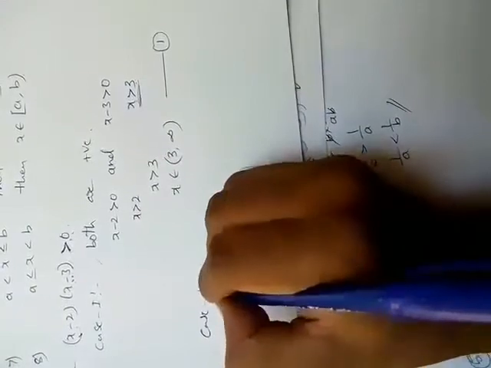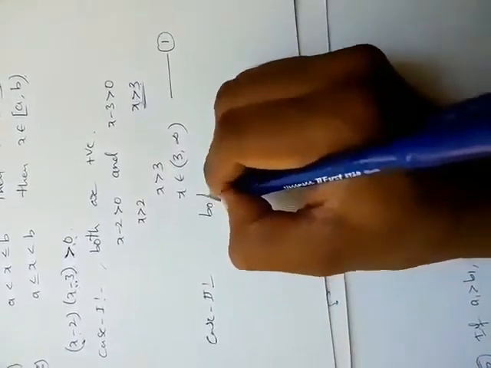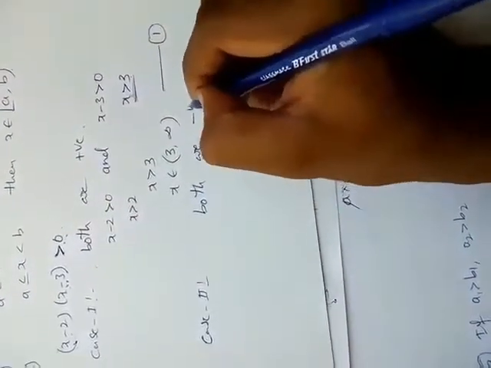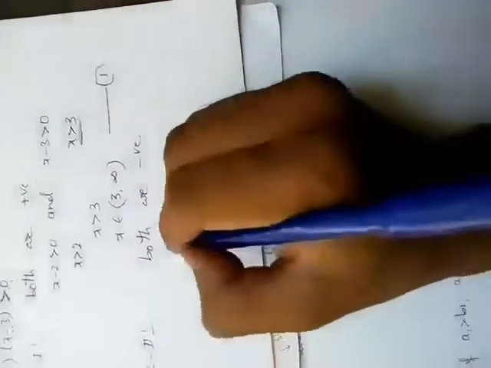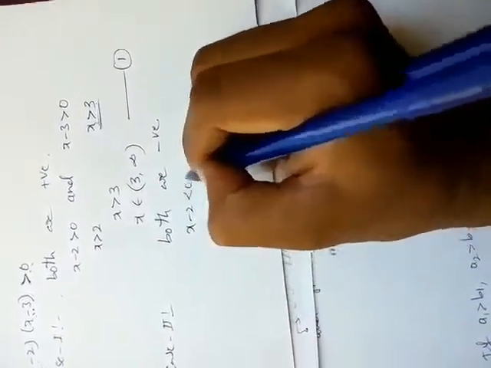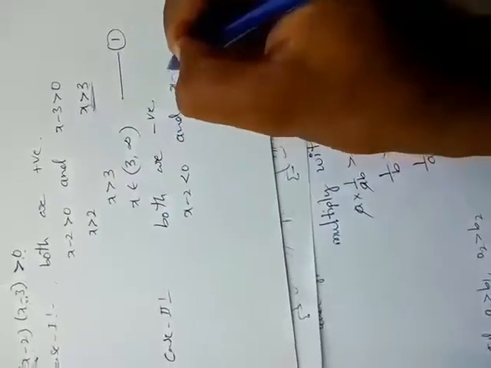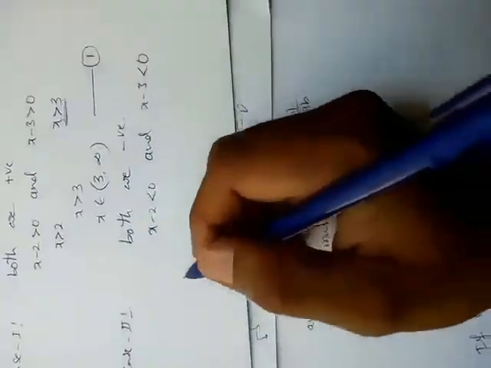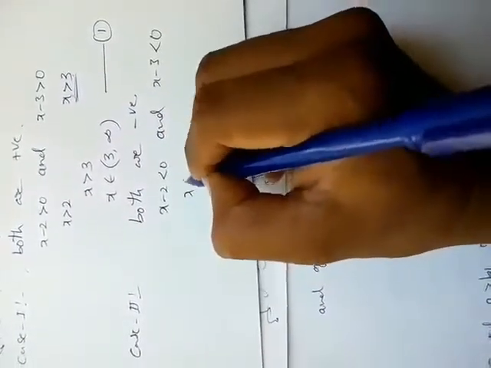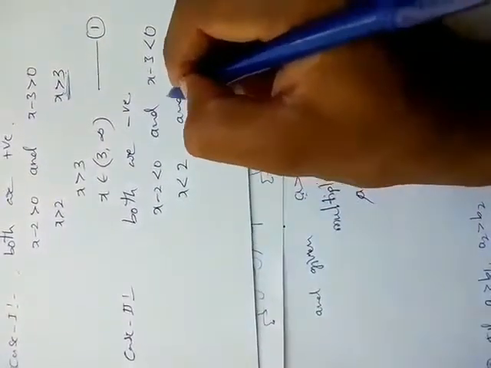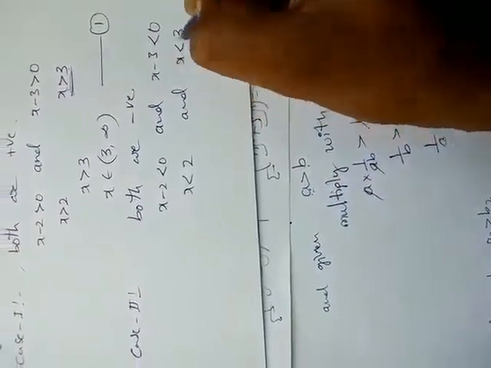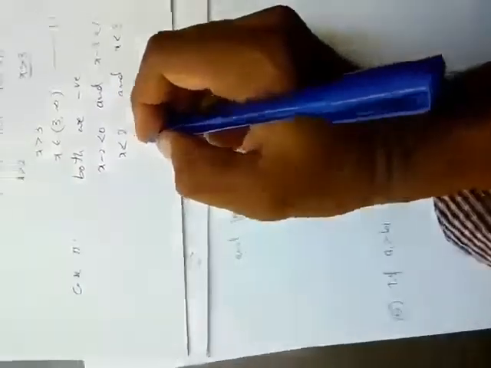Second case, both are negative: x minus 2 less than 0 and x minus 3 less than 0. X minus 2 less than 0 means x less than 2, and x less than 3. If you take x equal to 2, 2 minus 2 is 0, so 0 into something is 0, and 0 greater than 0 is a false statement. So the correct one is x less than 2.